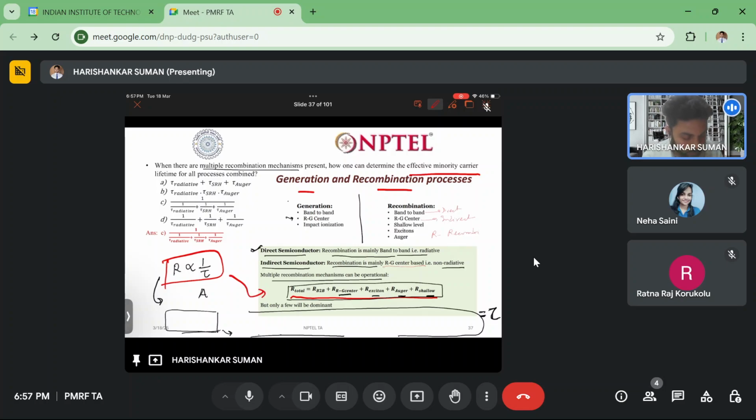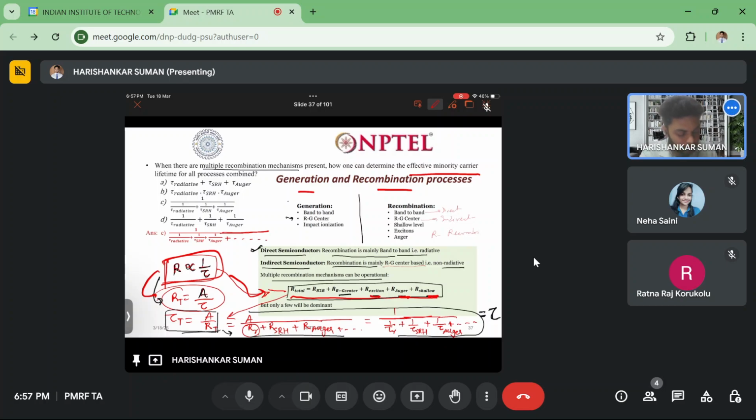We know the total R, band to band, RG center, exciton, Auger, and so on. Assume a constant and put the values in this equation.